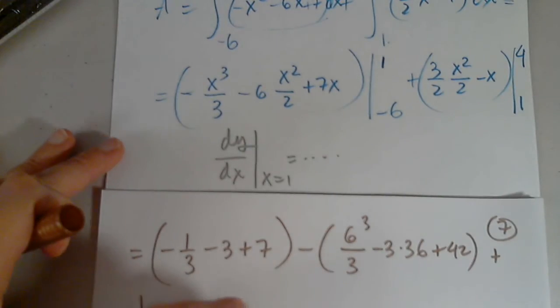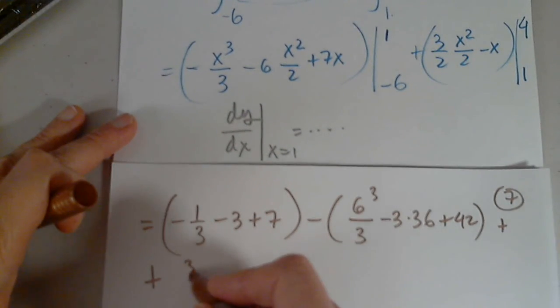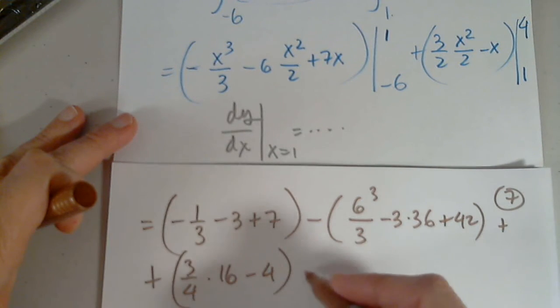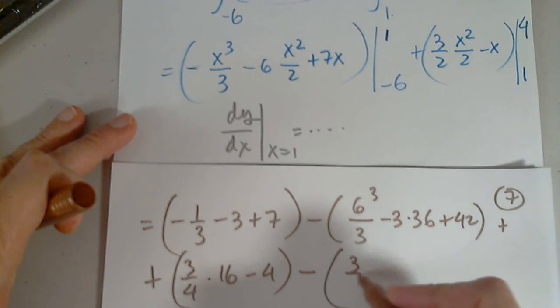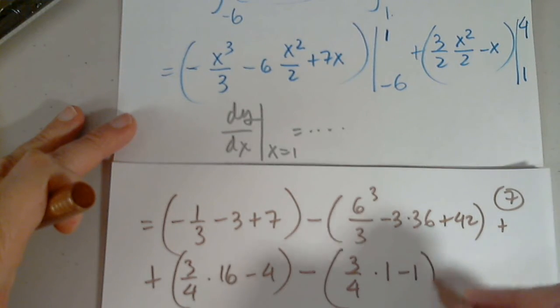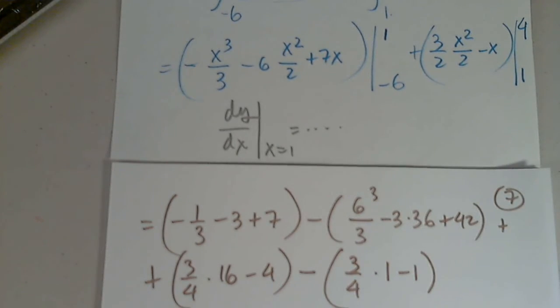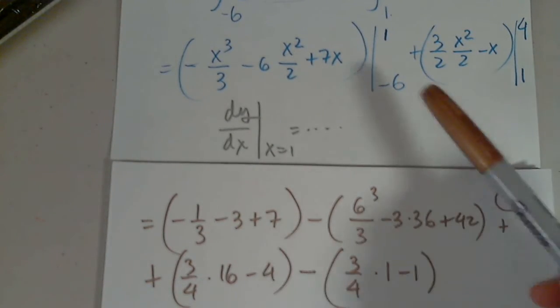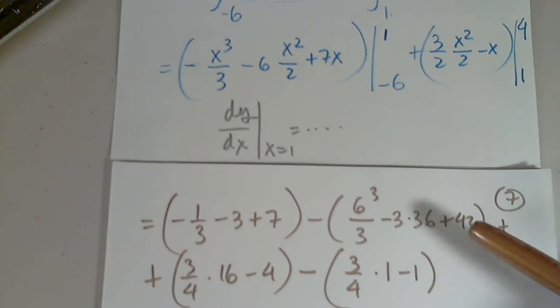Plus, I'll come back. Now, I have 3 over 4 times 16 and minus 4, but minus 3 over 4 times 1 minus 1. So I plugged in 1, and I got this. I subtract when I plugged in negative 6. It's good that I'm looking.